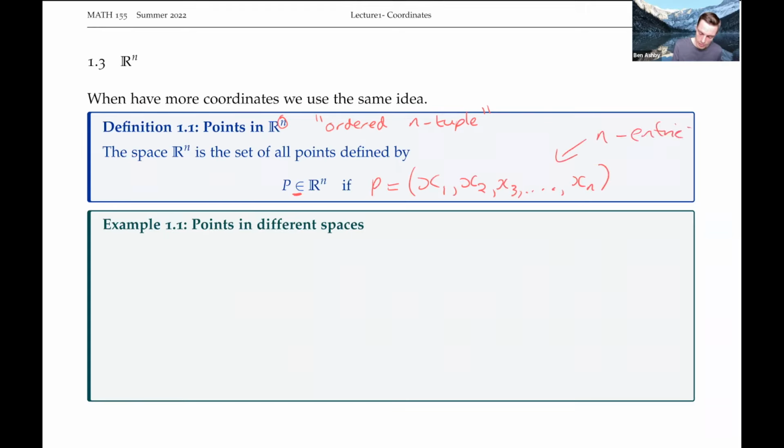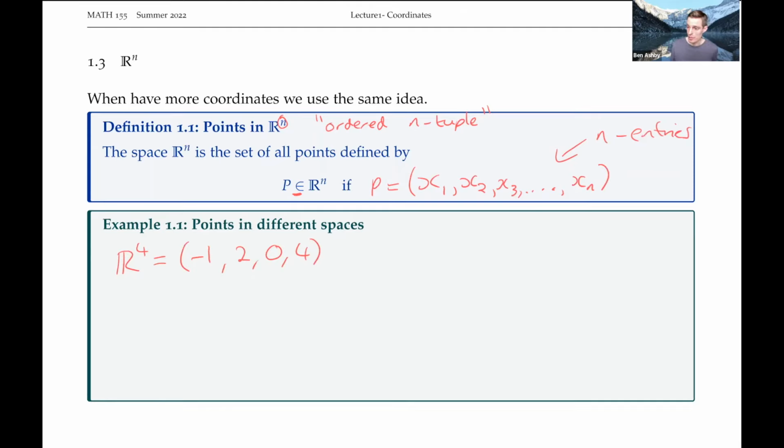So this is how we write a point in Rn, where x1, x2, x3 are just like before we had x, y, z. Now we've got x1, x2, x3, and so on. So to give a few examples, if we've already had a look at R2 and R3, if we had R4, that could be a point that's say -1, 2, 0, 4. That's got 4 elements. This is an ordered 4-tuple. This is a point in Rn.